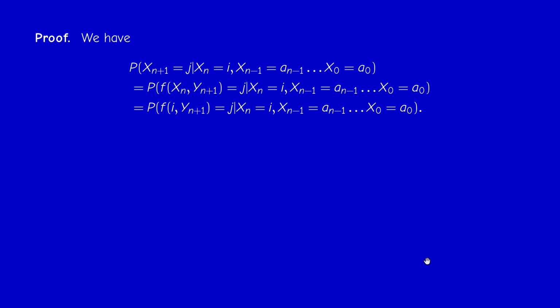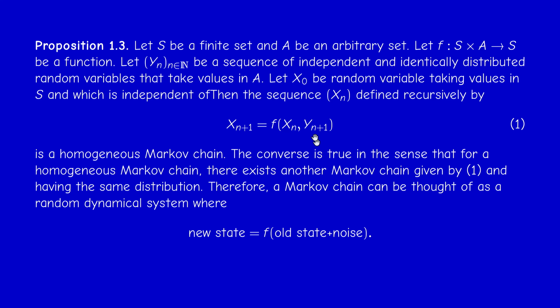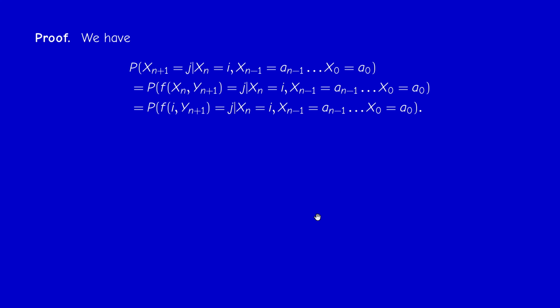Okay, so first let us prove by going back to the definition that the sequence given by 1 satisfies the Markov property according to our definition. So instead of checking proposition 1.2, just check the definition, and this is easier. So just go back to the definition and we compute the probability of the future given present and past.